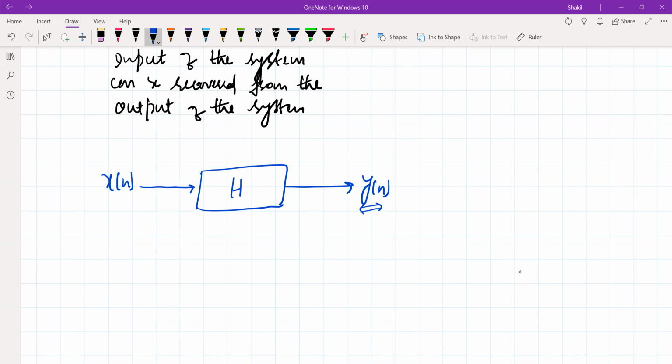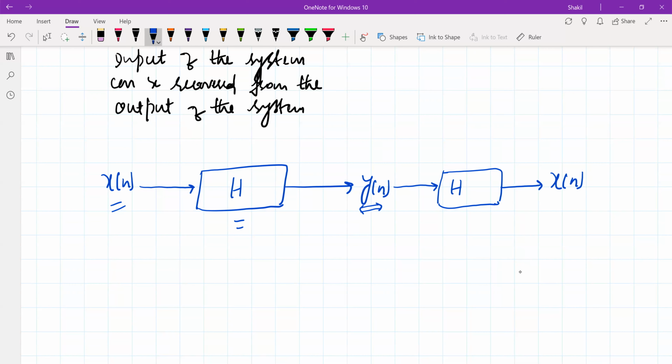From the system notation point of view, there must be one more system that will perform the reverse operation of this system to give us back this x of n, the original input to this system.